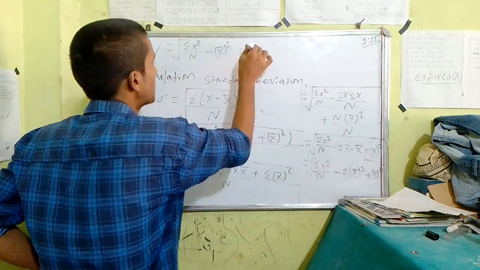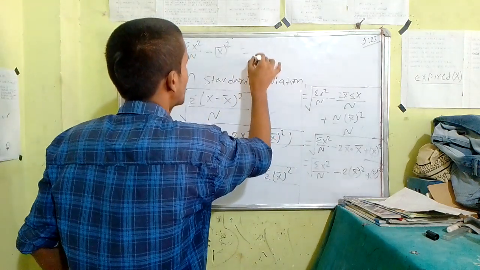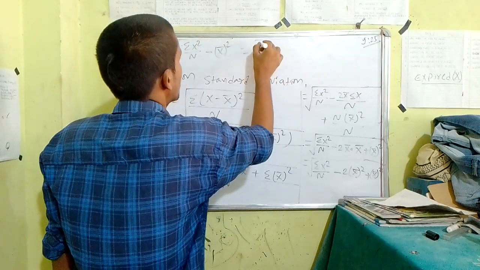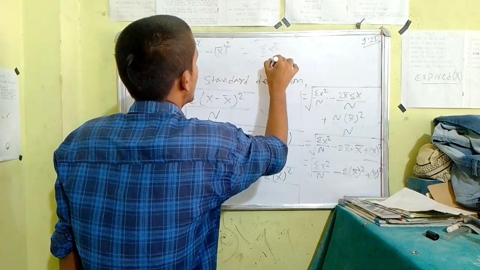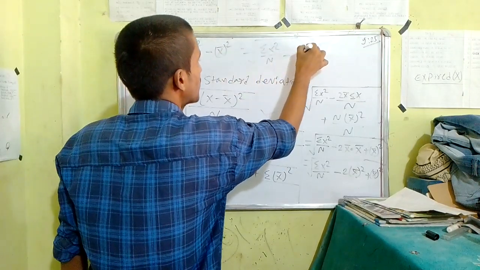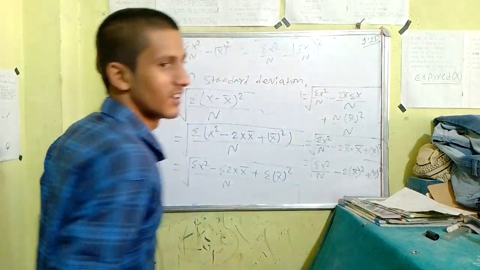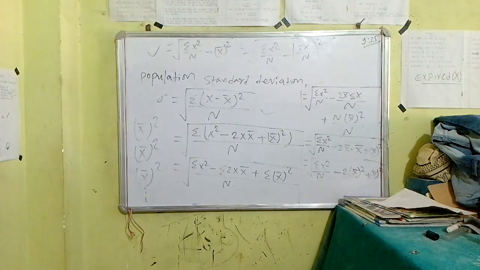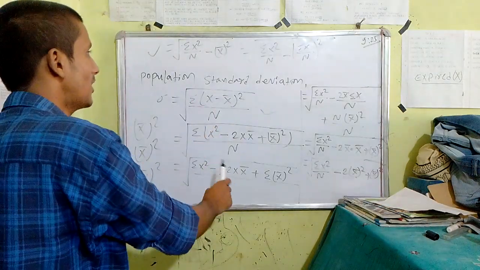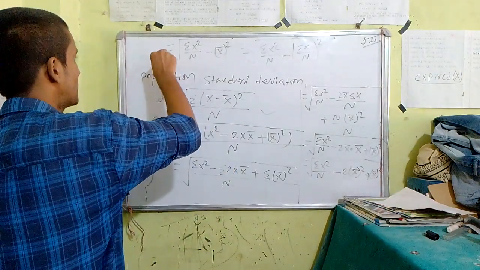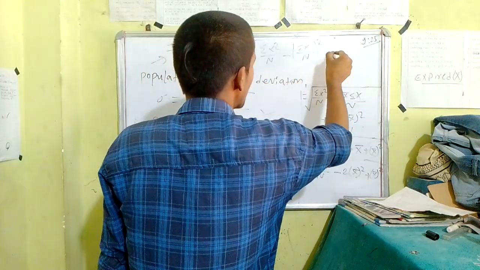Or sometimes this is written as summation x squared over n minus, this thing is summation x over n, isn't it? And this whole squared. That makes sense? So the same formula might be written like this or this.